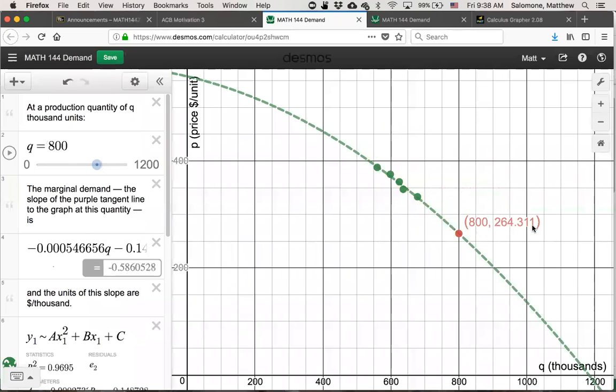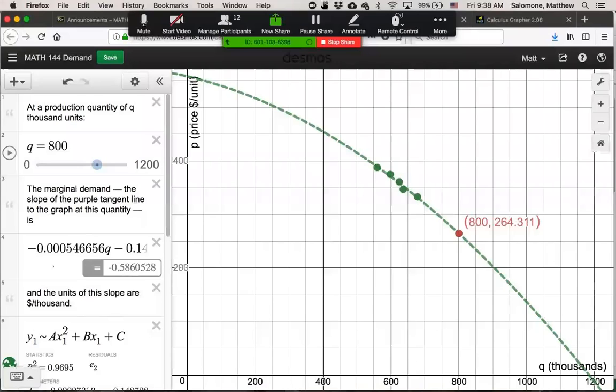So that sets up a relationship between the value of Q and the value of P. The question that we ask when we do marginal analysis, though, is really a question about change. And so I want to motivate it like this. Suppose that I'm actually producing 800,000 units of my product.